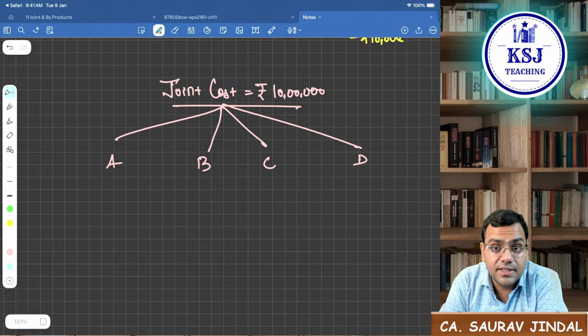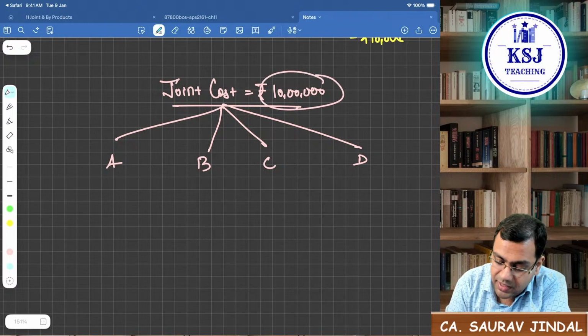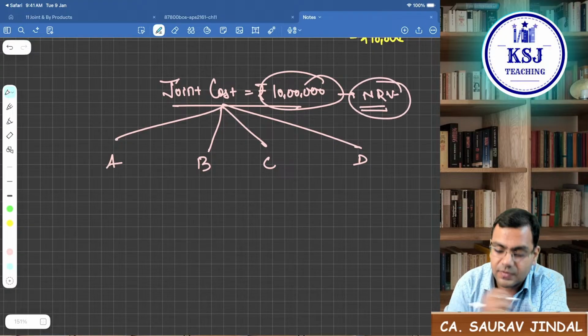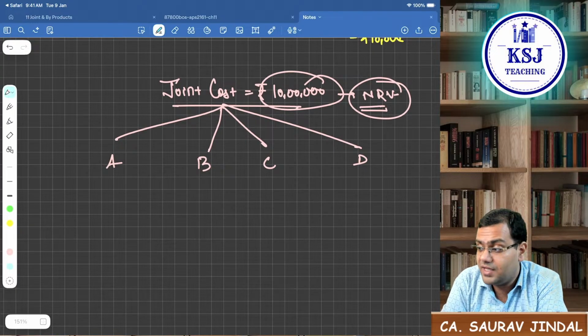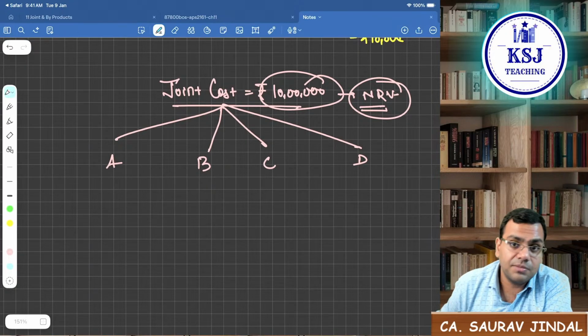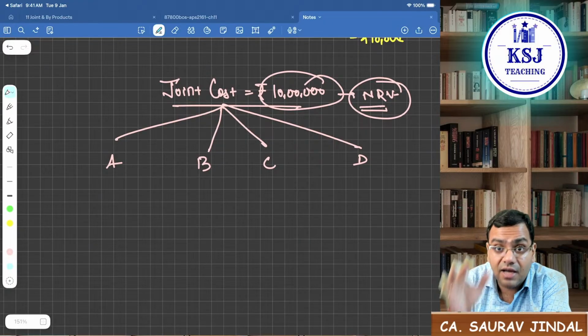Now the question says this joint cost is to be distributed on the basis of NRV. On the basis of NRV, you have to distribute this joint cost among the products. So what is the first step? You will calculate NRV here.